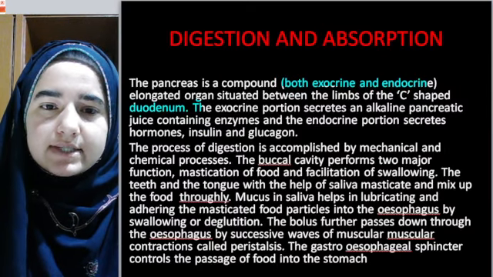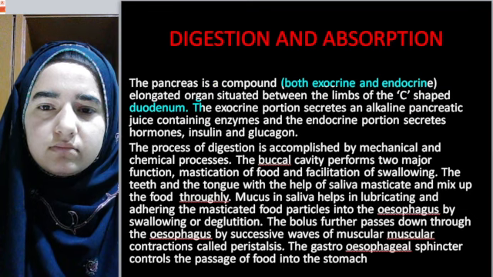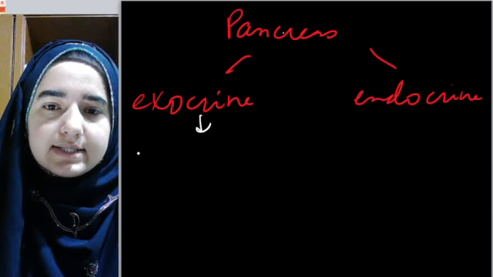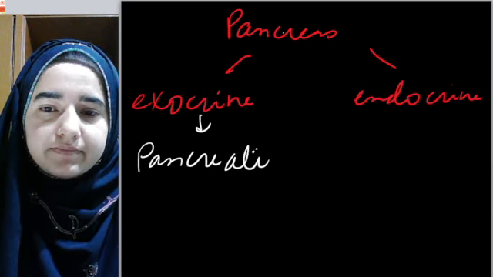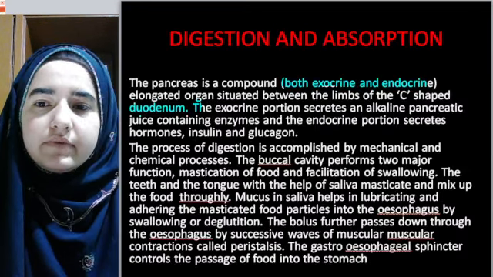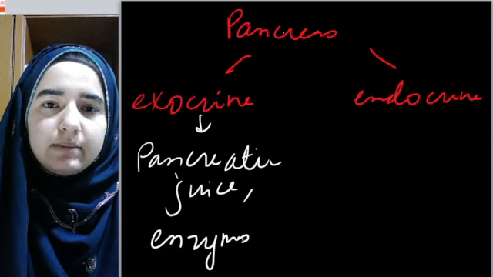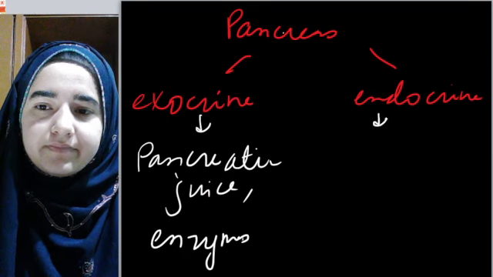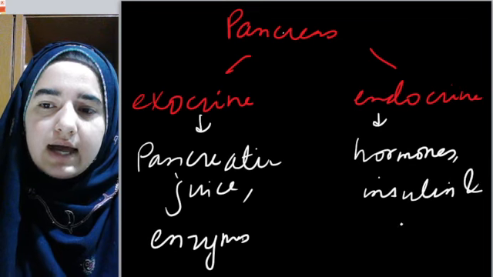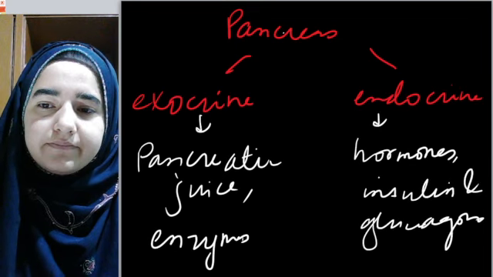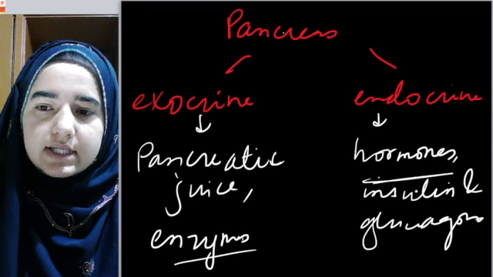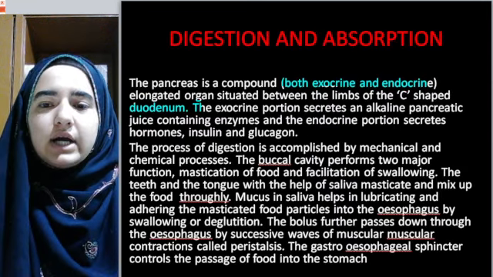The exocrine portion secretes an alkaline pancreatic juice along with enzymes, and the endocrine portion secretes hormones, insulin and glucagon. Exocrine portion secretes pancreatic juice and enzymes. Endocrine portion secretes hormones, insulin and glucagon.